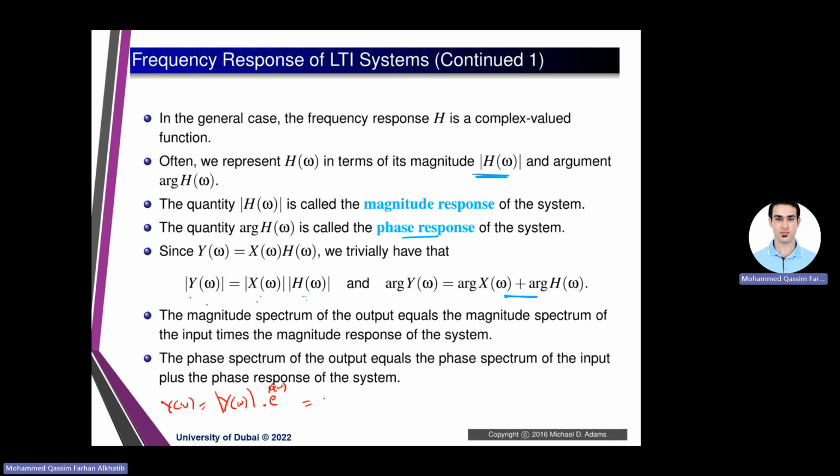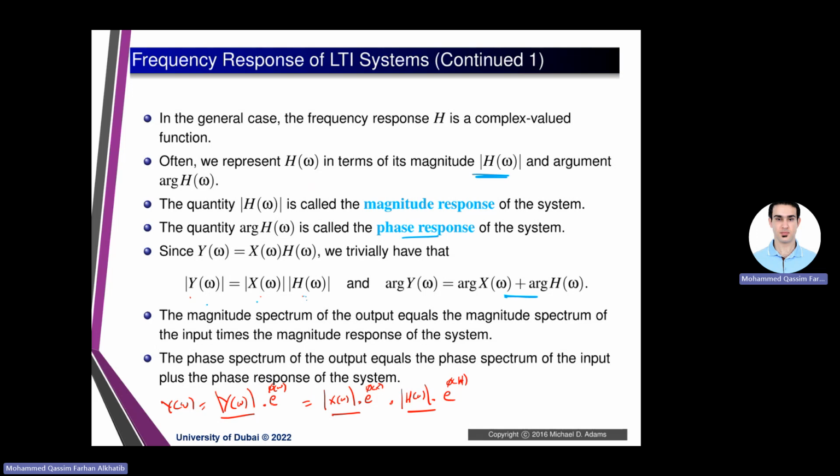that equals the amplitude of x times e to the power phase of x, times the amplitude of h times e to the power the phase of h. So if you want to find the magnitude of y, that will be the product of those magnitudes.